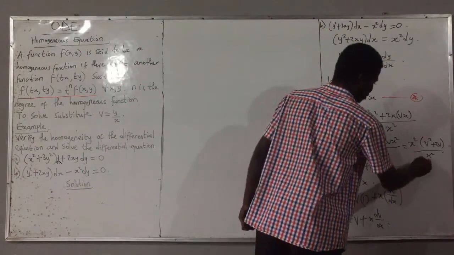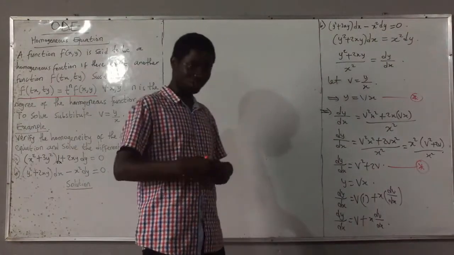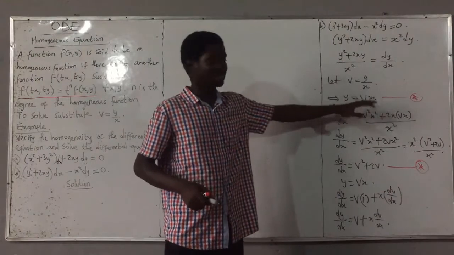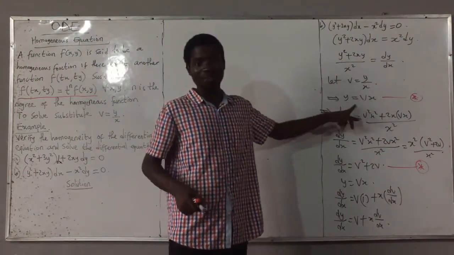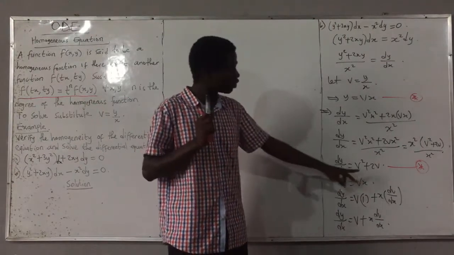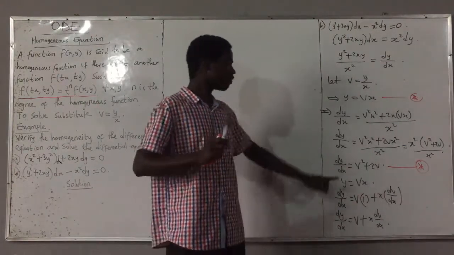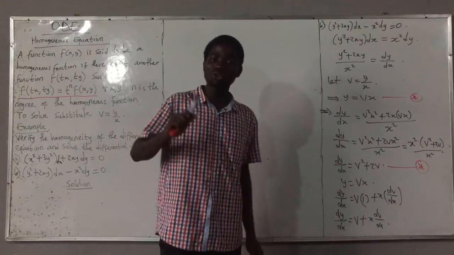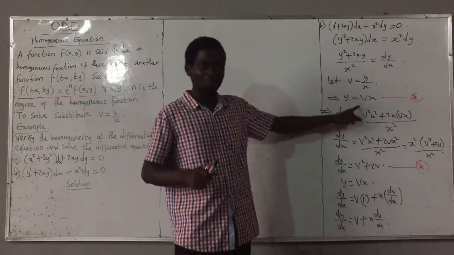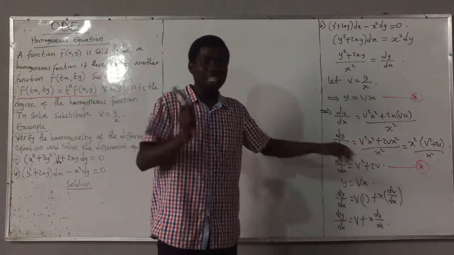You know, after that, don't forget, let me tell you one thing about homogeneous equations. Once you know that it's homogeneous, let v be equal to y over x. Substitute y to be vx. After substituting, the dy/dx will just be a function of v. If there is any other thing here, you have done something wrong, it will not work. Every homogeneous equation, when you put y to be vx, the x will cancel out.